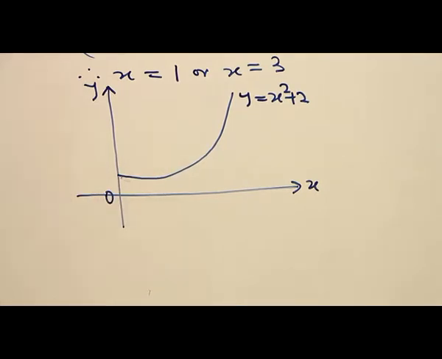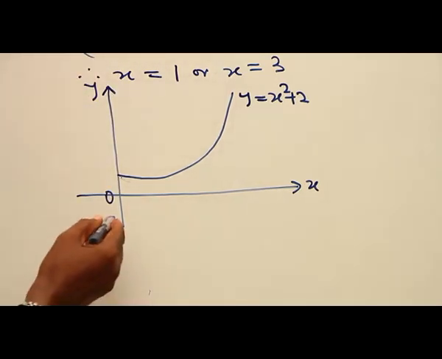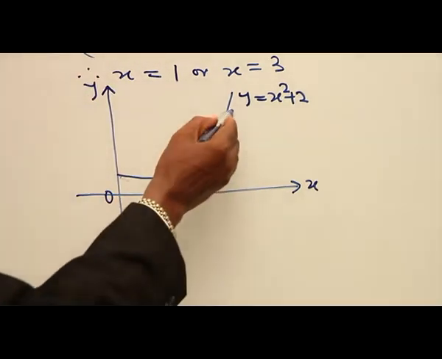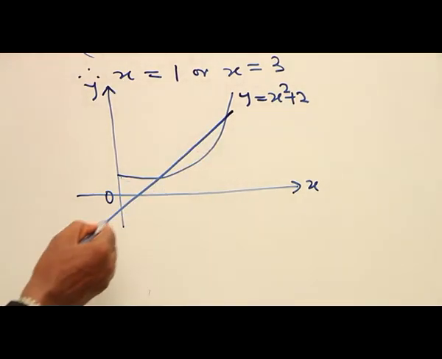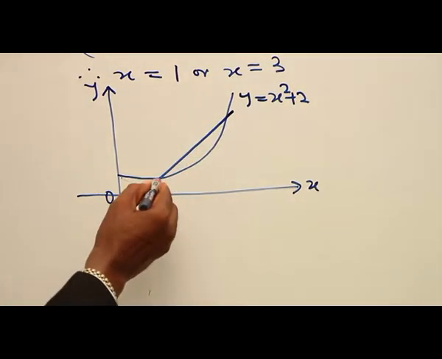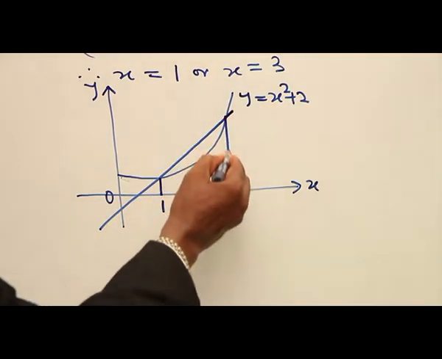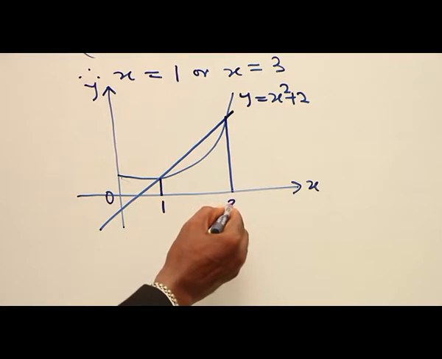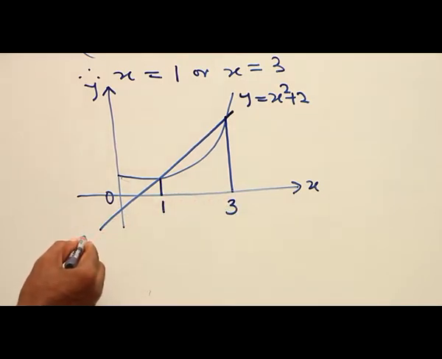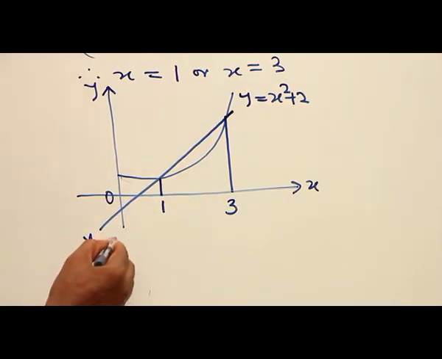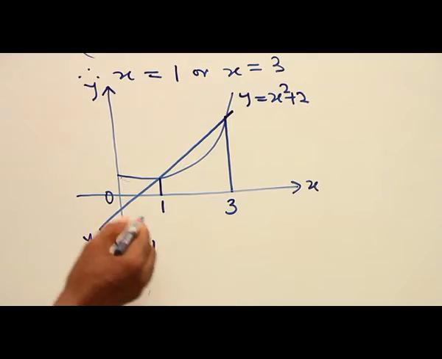After that, we are also told that y is equal to 4x minus 1. Let's see what that will be when x is 0. Then we have y to be minus 1, so starting from the bottom, we may have something like this. Here, this point is x equal to 1, and this point is x equal to 3. Remember that this is your straight line, y equal to 4x minus 1.